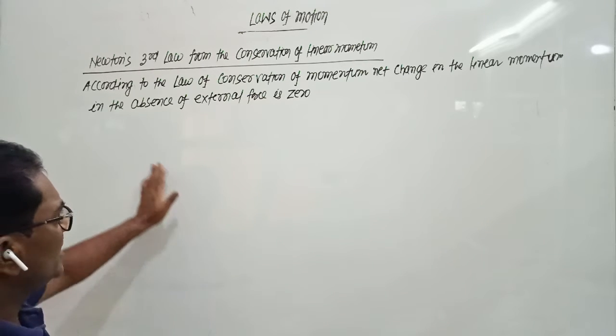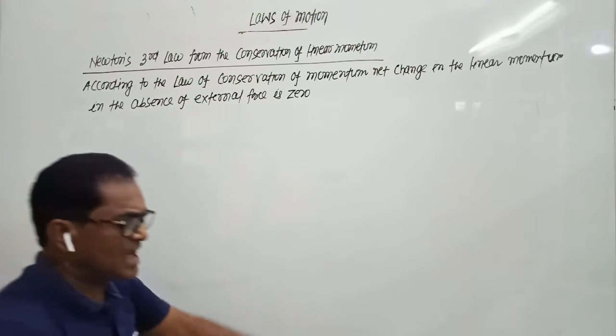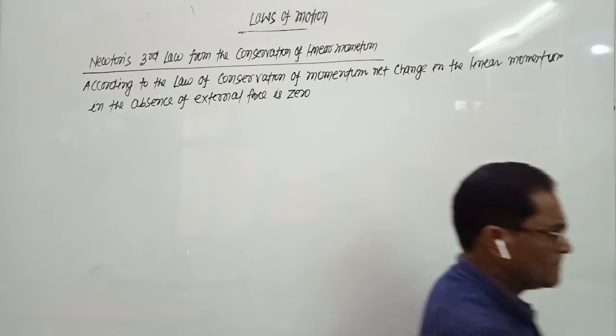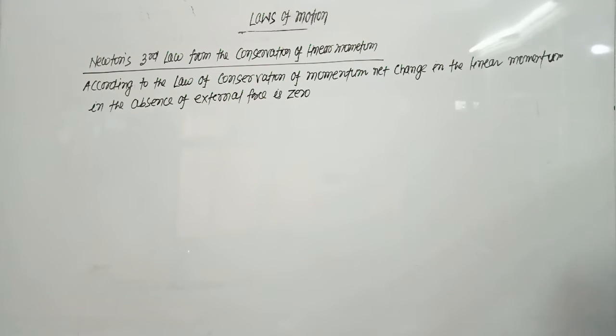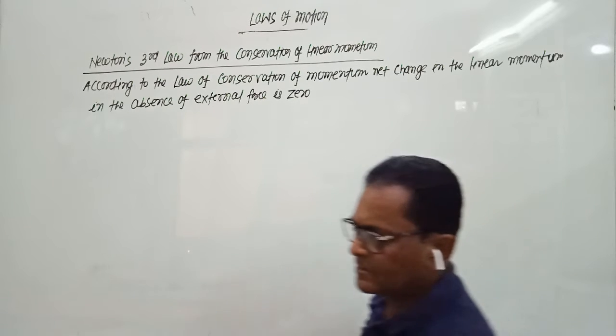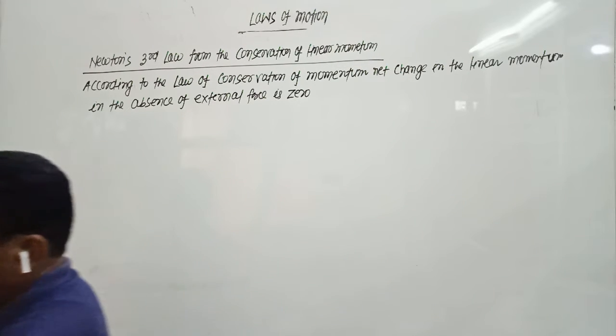It means if there is no external force acting on a body, suppose there is a system of two bodies having masses m1 and m2, and the external force is zero, then the total change in linear momentum of the system is zero.